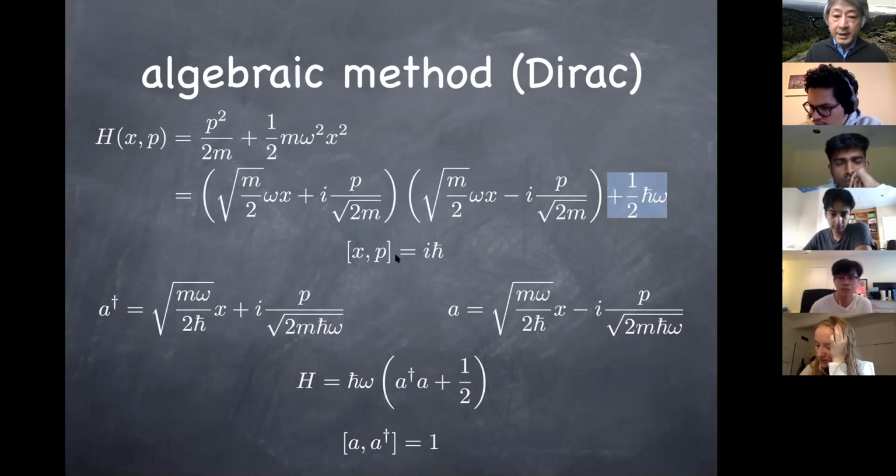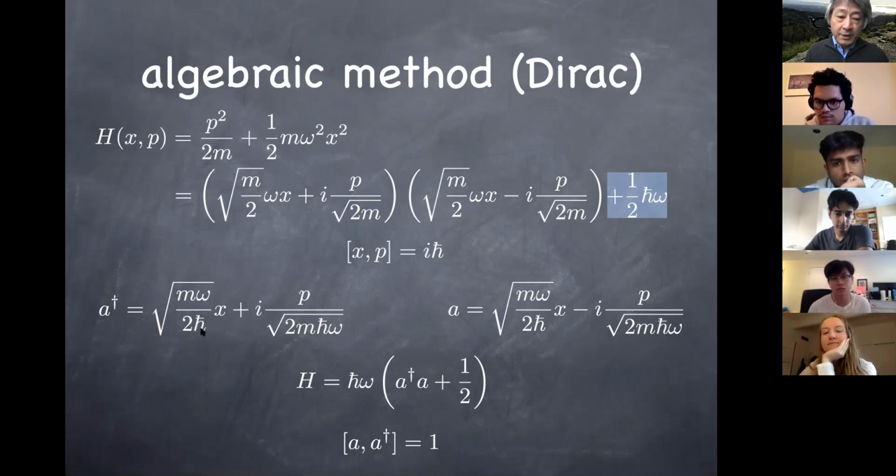Using the canonical commutation relation, you can work that out, and then you find 1/2 from that. Another contribution is p in a times minus i over the square root of 2 m h bar omega, and a dagger has this x in it times this coefficient of the square root of m omega over 2 h bar.